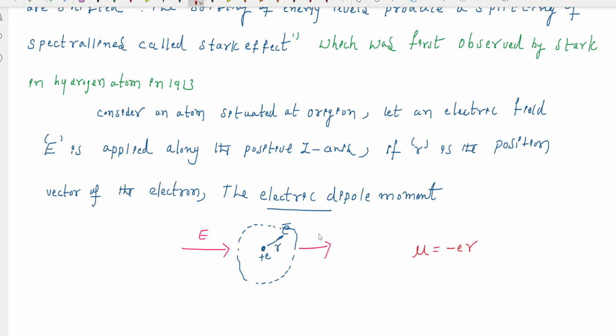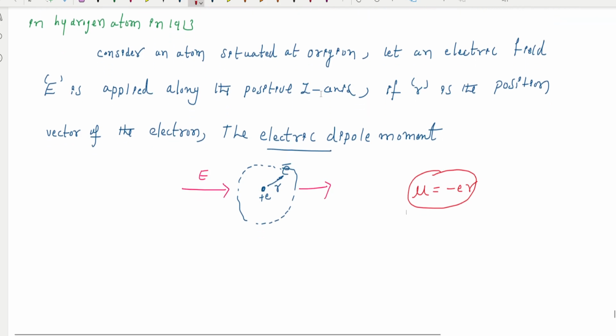This electric dipole moment mu equal to ER interacts with this electric field E, giving an additional potential energy to this electron.